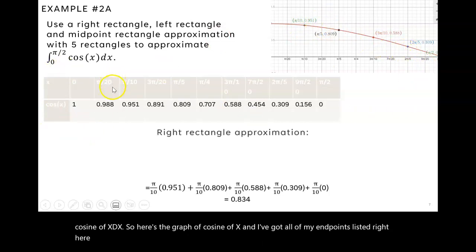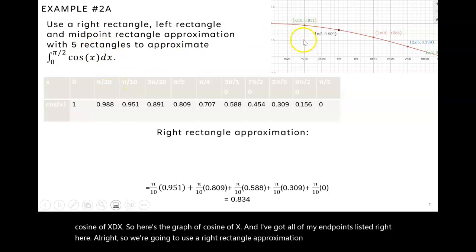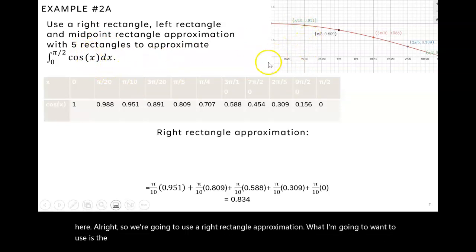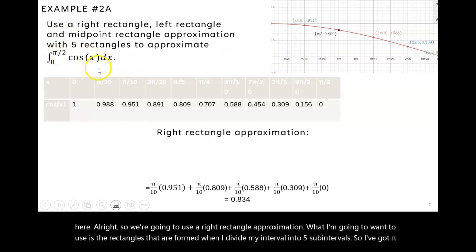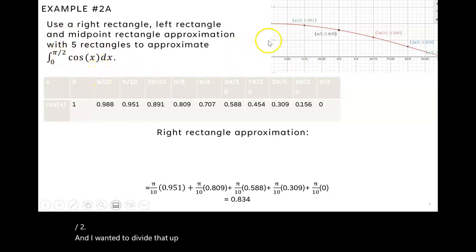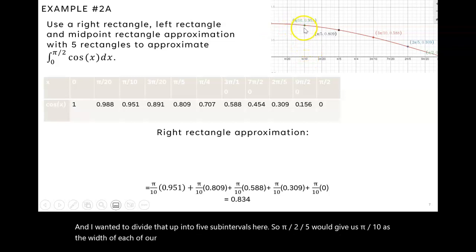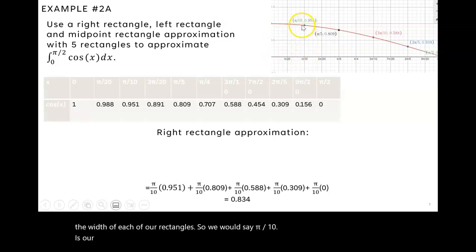If we're going to use a right rectangle approximation, I'm going to want to use the rectangles formed when I divide my interval into 5 subintervals. So I've got pi over 2, and I want to divide that up into 5 subintervals here. So pi over 2 divided by 5 would give us pi over 10 as the width of each of our rectangles. So we would say pi over 10 is our first rectangle width.